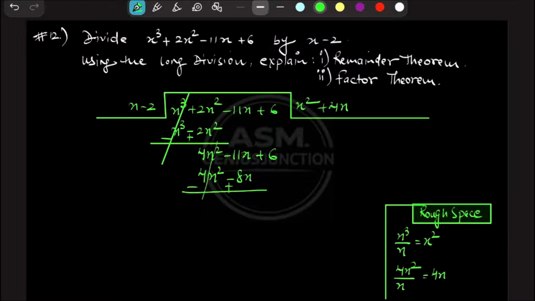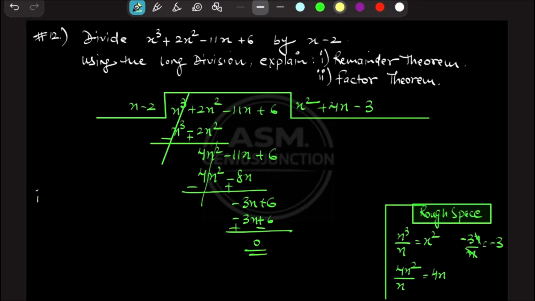Now I need to multiply x by minus 3, so my multiplying factor is minus 3. This gives me minus 3x plus 6. Change the sign and you can see I'm getting 0. Clear? So the question was saying apply the long division method, and we have done the long division method.